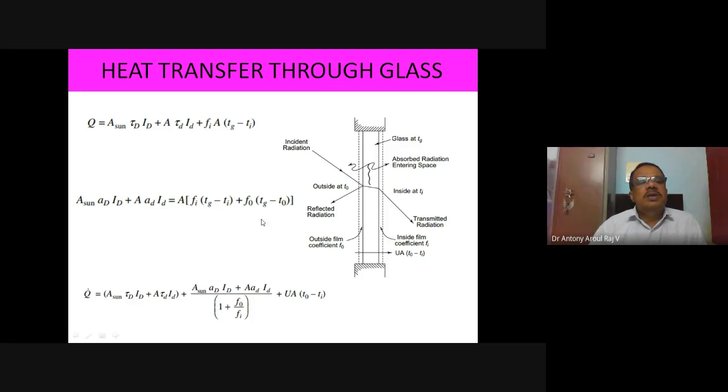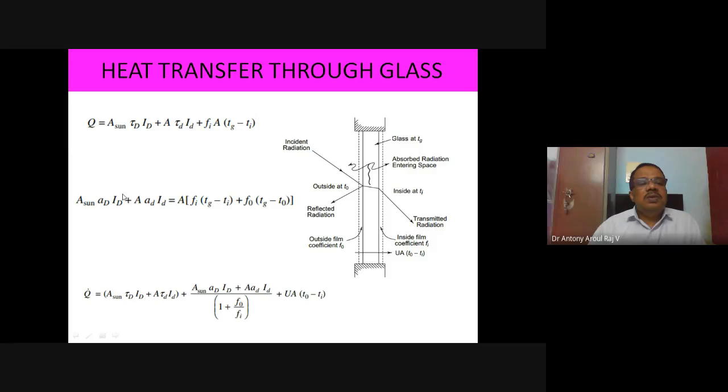So the next is, what happens to the absorbed radiation? The absorbed radiation will raise the temperature, as we discussed in the last slide.